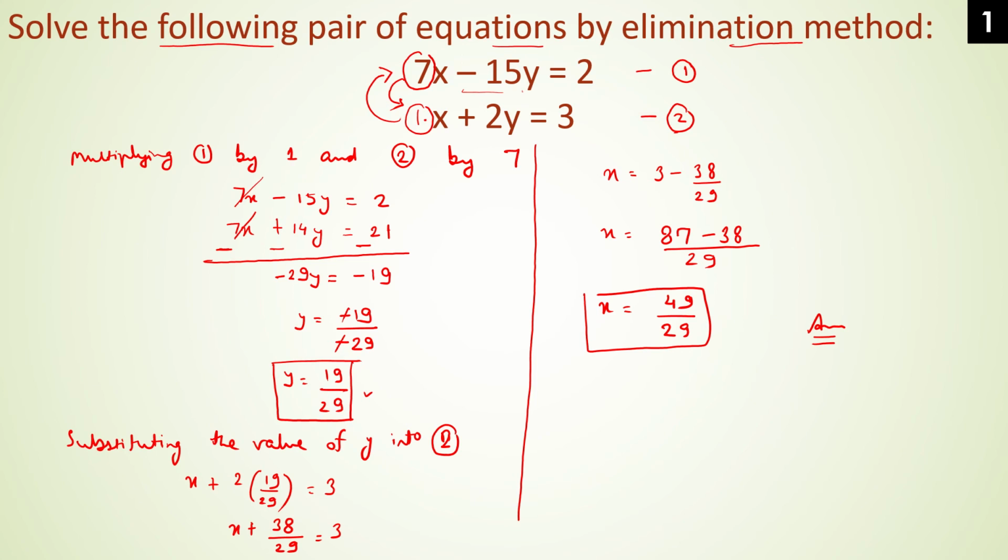So we can write the answer as x equals 49 by 29 and y equals 19 by 29. Here we have observed that we have equated the coefficient of x.